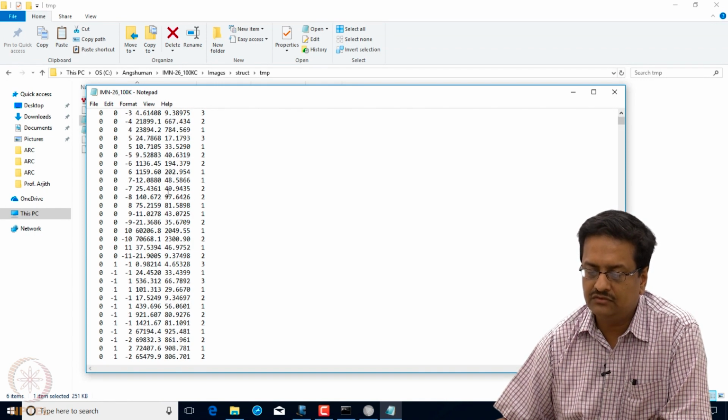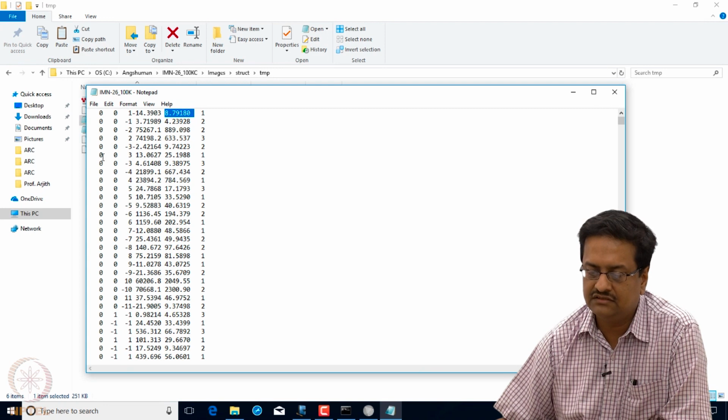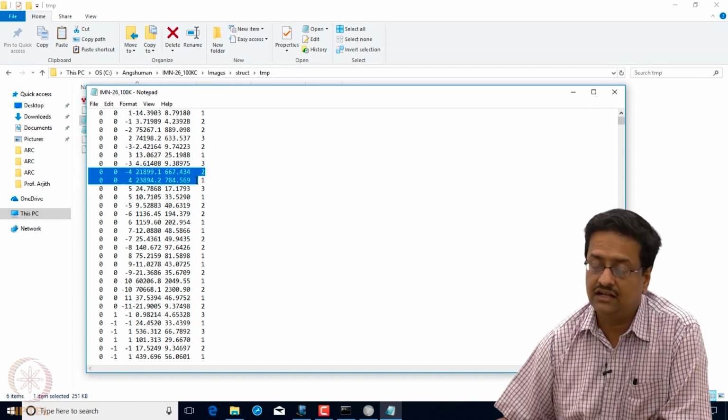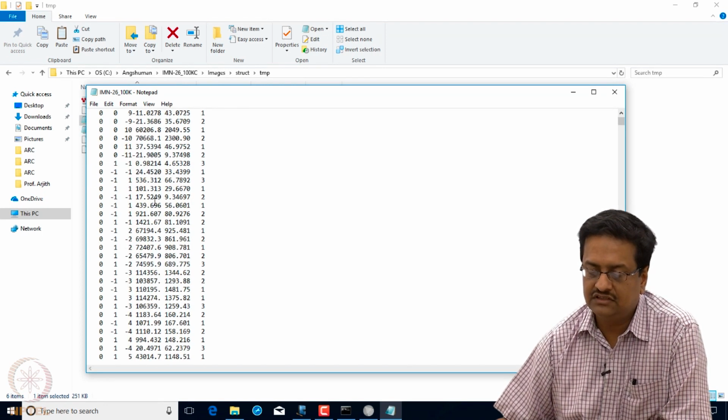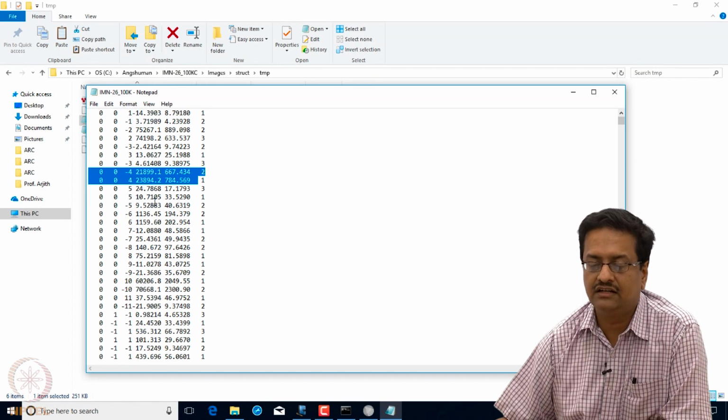If you look, some of these reflections are collected 3 times, some are collected 2 times; hkl and h bar, k bar, l bar are one and the same. So this leads to the overall redundancy of the data.